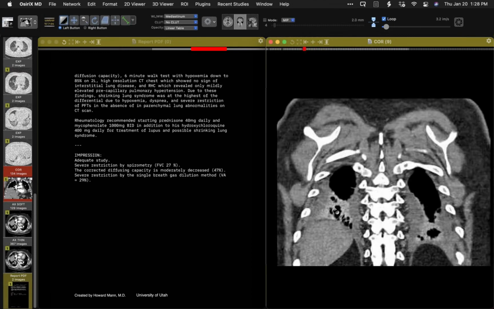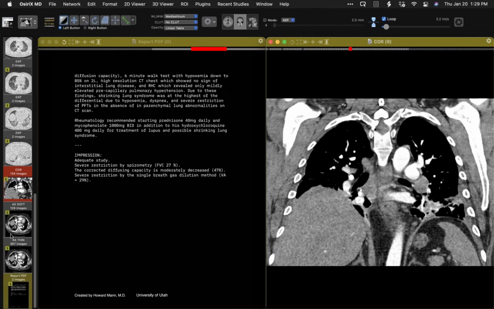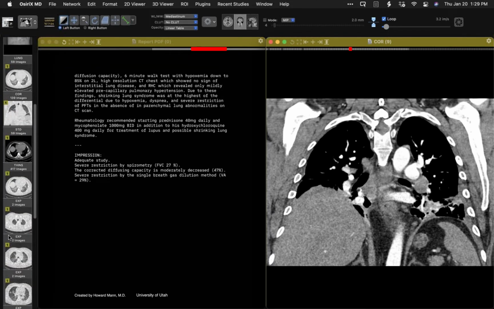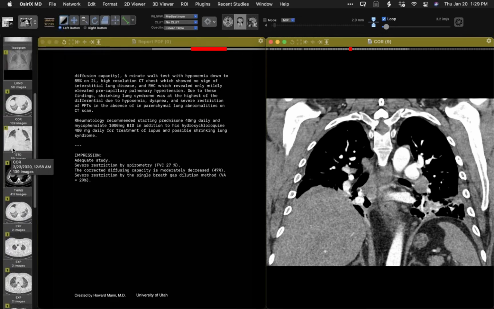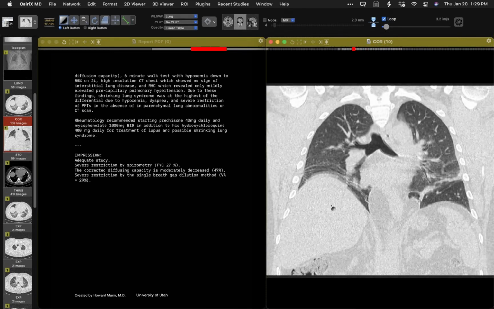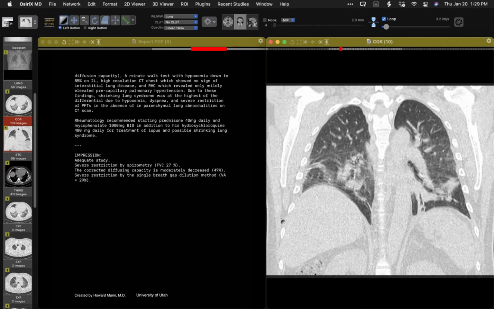Mm-hmm. There is some pleural fluid as well, but the lungs are very underexpanded, and I think they've been that way for some time. Well, not for some time, but more recently. Let's see, this is March of 2020. Foci of subsegmental atelectasis, perhaps to a lesser degree at that time as well.